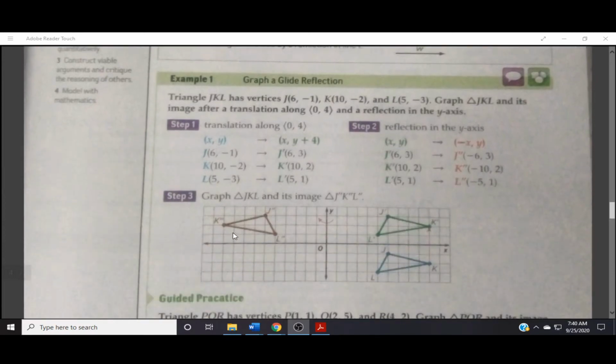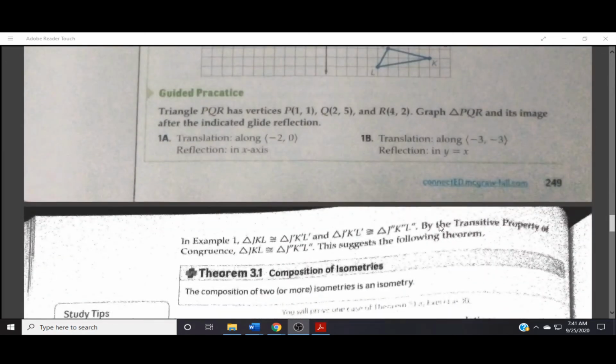In this case, there's an image and a reflection over the y-axis. First they do the translation: they translate it 0 units in x and 4 in y. Once you get the new place, then you flip it. Reflecting on the y-axis makes the x's negative, so each of the x's becomes a negative value.